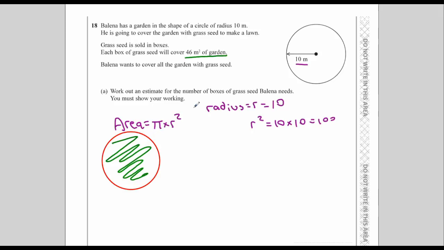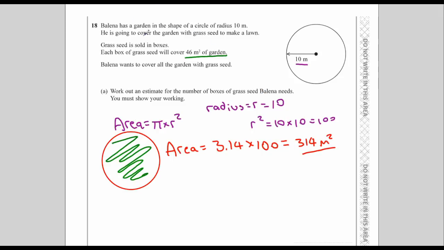Pi is on your calculator and it's stored as about 3.14. Now it's just an estimate, so we can use 3.14 instead of being more exact. Timesing it by 100 gives us 314, and the units is meters squared.